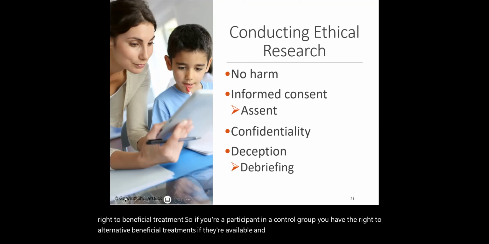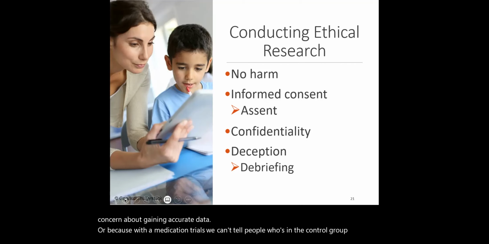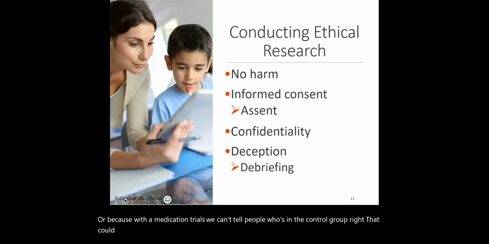And then the question of deception. So with some studies, deception may be used, where you're told untruths, you're deceived for whatever reason. Sometimes it's because there's concern about getting accurate data, or because, like with medication trials, we can't tell people who's in the control group, right? That could potentially ruin the study.